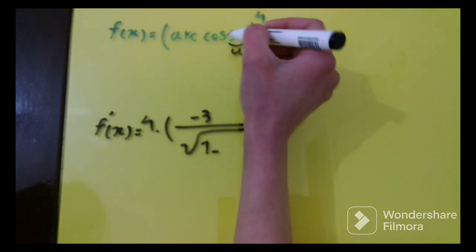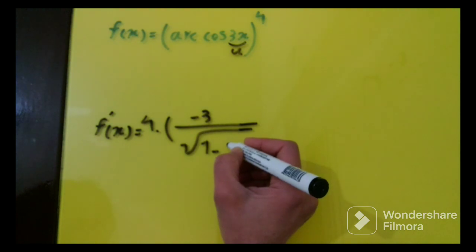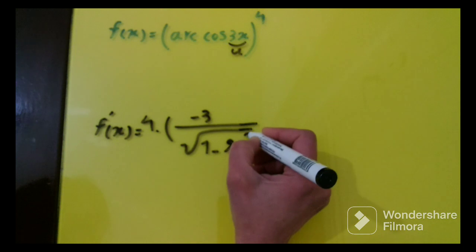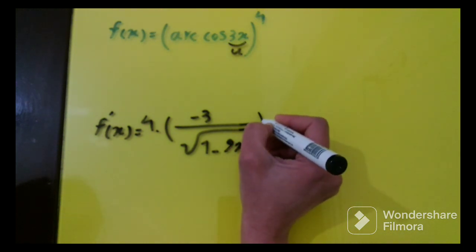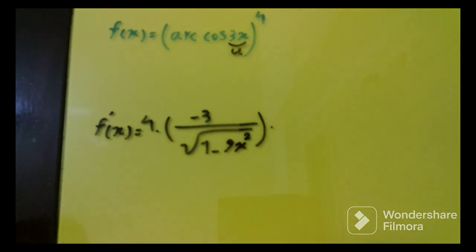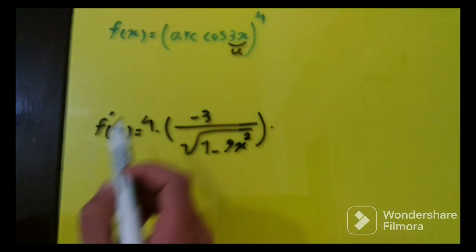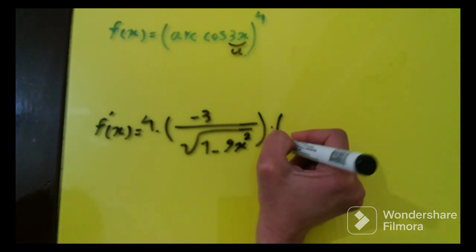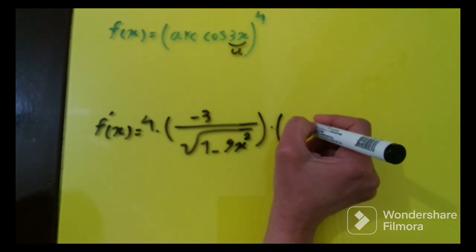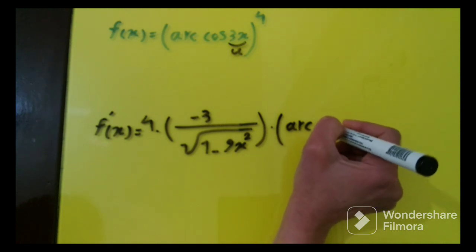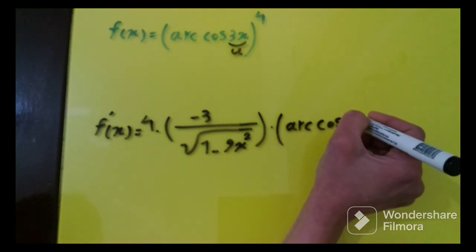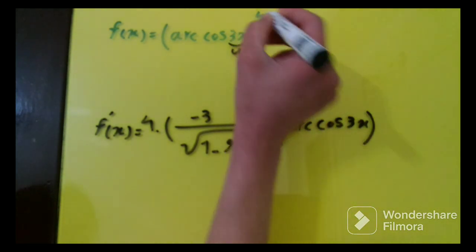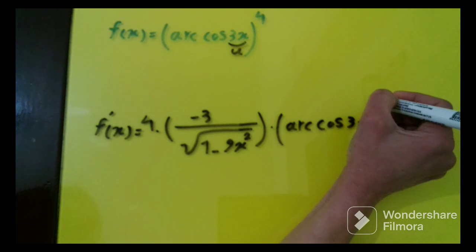It's 3x squared. It will be 9x squared. Times, now you should reduce the power by 1. It's arc cosine 3x to the 3.